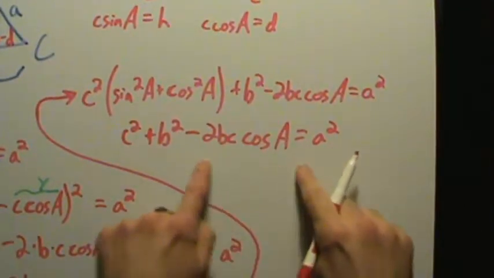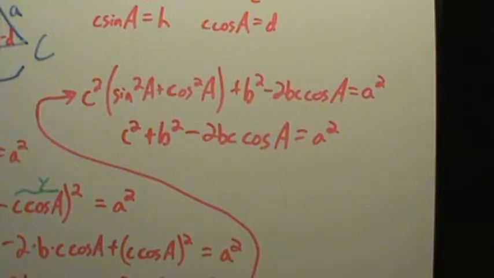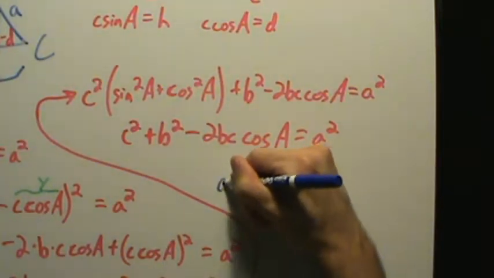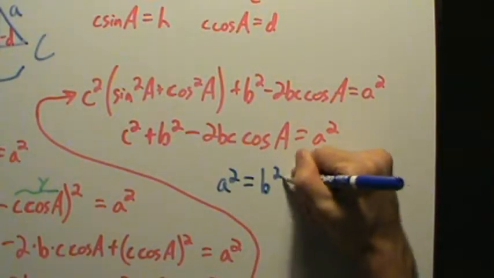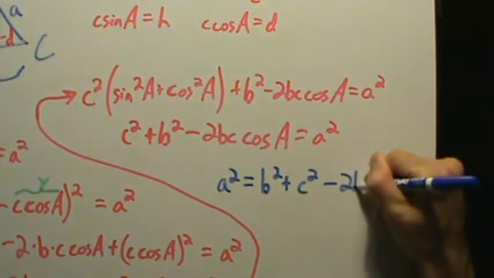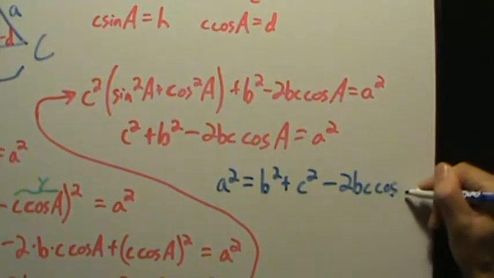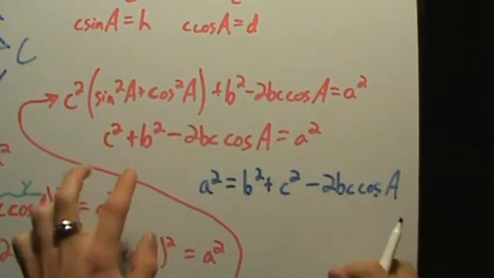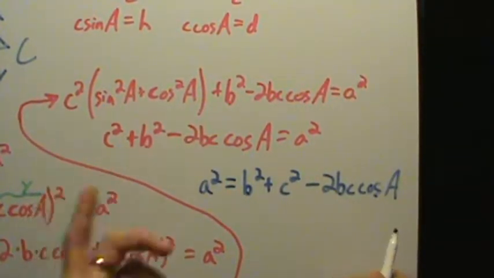And this is one of the formulas from the law of cosines. It's maybe more commonly written as A squared equals B squared plus C squared minus 2BC cosine of A. Okay, but notice it's exactly the same thing. We just switch the sides and then put the B squared first, but it doesn't really matter.